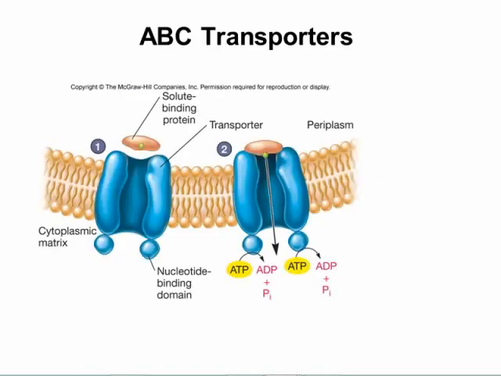So ABC transporters. These are in the plasma membrane, gram-positives and gram-negatives. They work with a solute binding protein, which is in the periplasm. So whatever you want to take up into the cell is going to fix first to the solute binding protein, then this complex binds to the transporter, and import of the solute requires ATP hydrolysis.